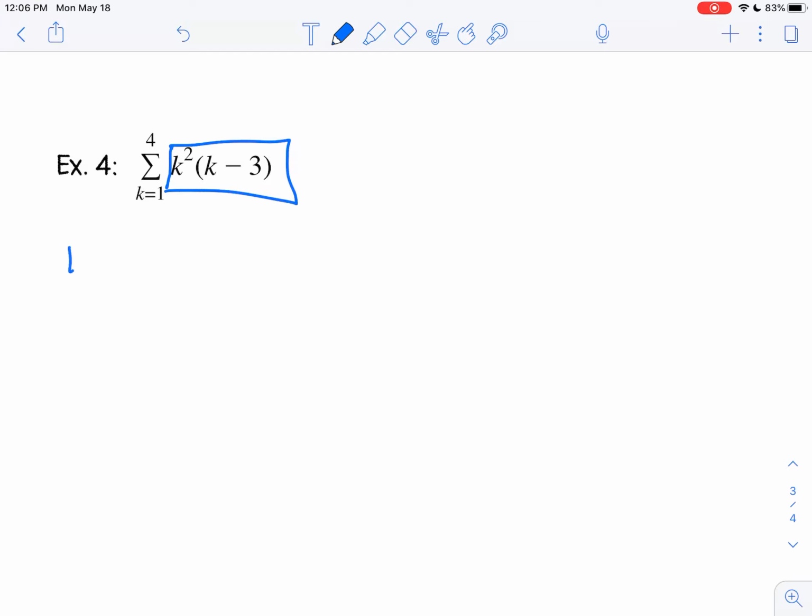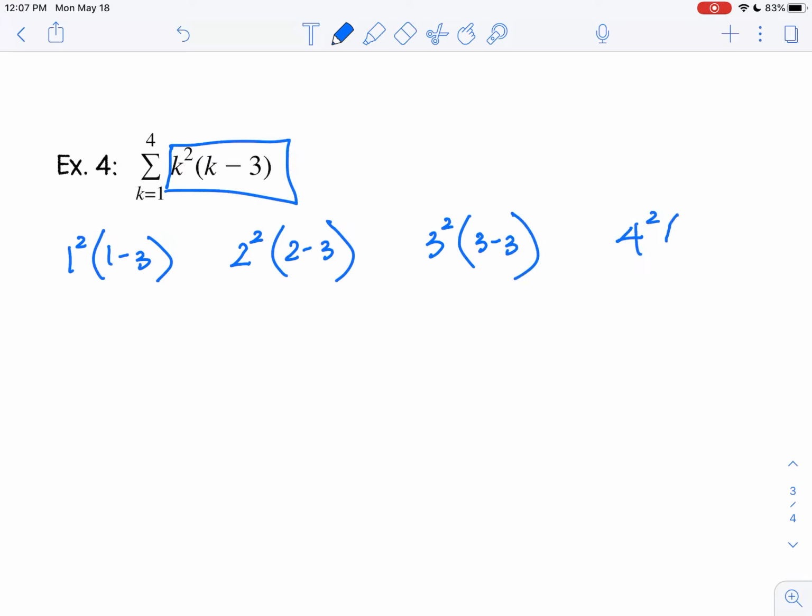So if I plug in 1, I get 1 squared times 1 minus 3. If I plug in 2, I get 2 squared times 2 minus 3. If I plug in 3, I get 3 squared times 3 minus 3. And if I plug in 4, I get 4 squared times 4 minus 3.